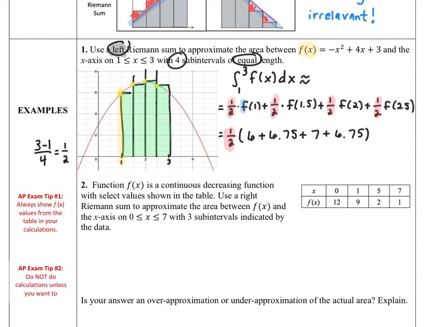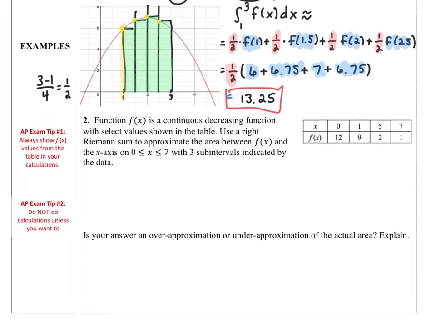I already calculated f of 1 to be 6. The f of 1.5 is 6.75, the f of 2 is 7, and the f of 2.5 is 6.75. Totally use a calculator to do that. When you do all these calculations, you end up with an answer of 13.25. And that is my area approximated using a left Riemann sum.